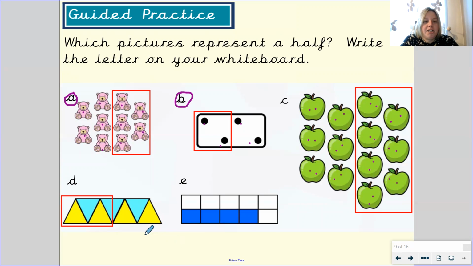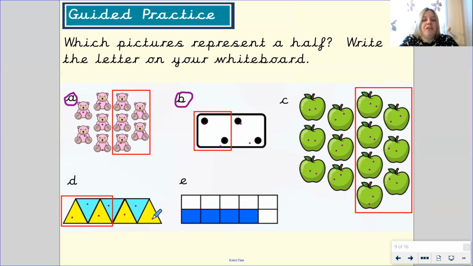Let's look at this picture here now. Let's count how many triangles there are all together. 1, 2, 3, 4, 5, 6, 7. So we have 7 triangles all together.